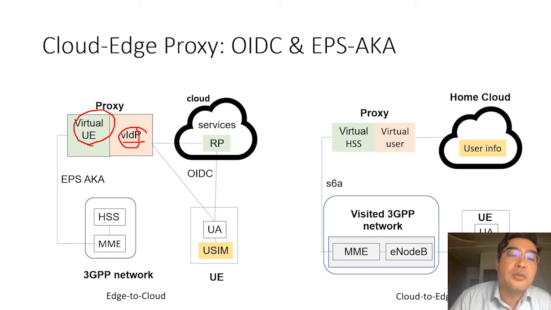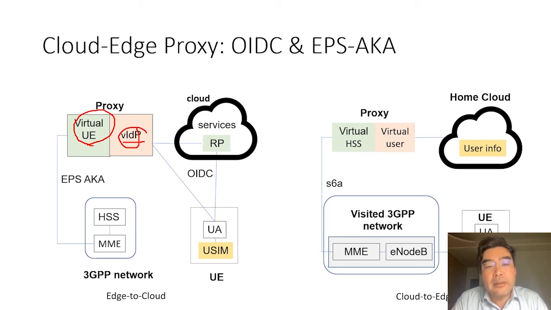Certainly, both sides agree to put a proxy in between, and then the protocol entity will talk to the proxy transparently. You don't need to change any protocol here or here. You just need to add one entity, pretending that you are a part of the cloud and also a part of the edge. So these are the two roles that we design in order to integrate them together.